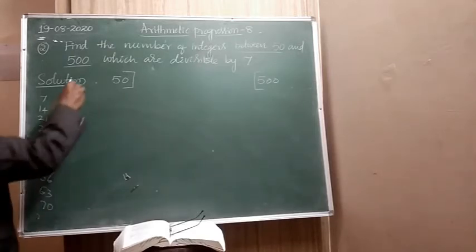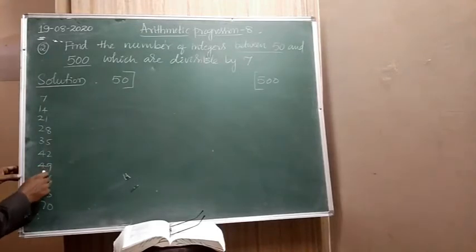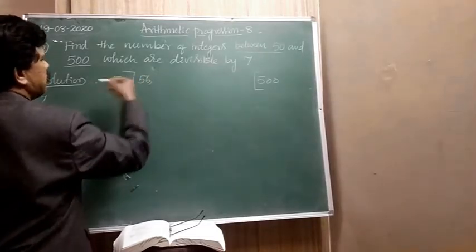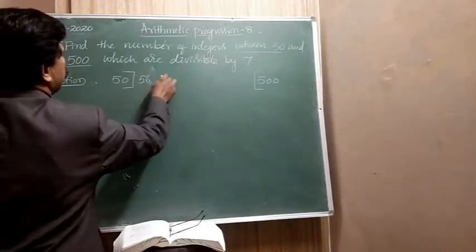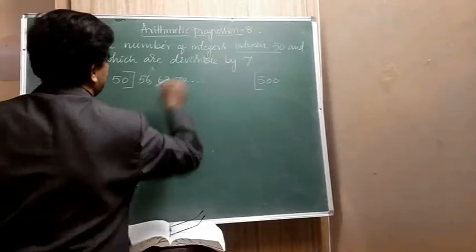Now look at this. Find the number of integers between 50 and 500. So the first number is 56. First write down 56, comma, go on adding 7 to that: 56, 63, 70, etc.